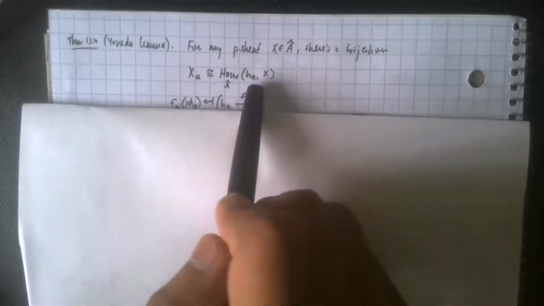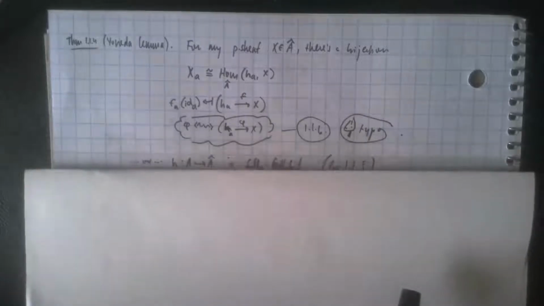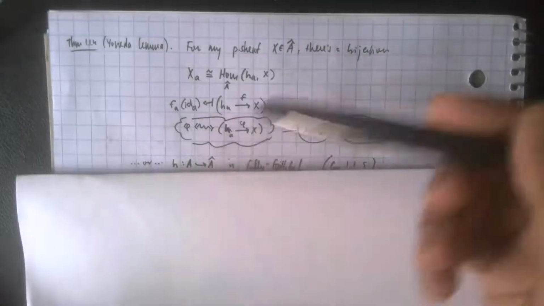And so Yoneda lemma: for any presheaf X over A, there's a bijection between fibers of X and homs from the representable thing at A into X. He writes this down explicitly, at least going in one direction, which is this here.